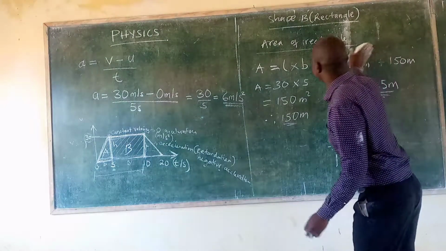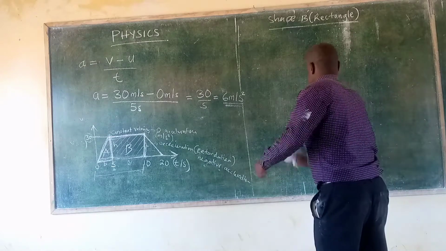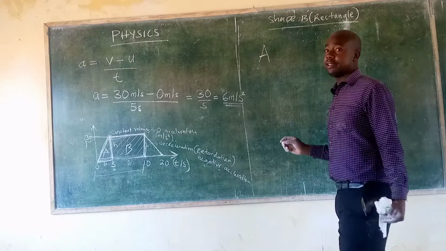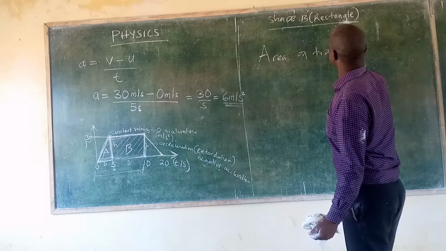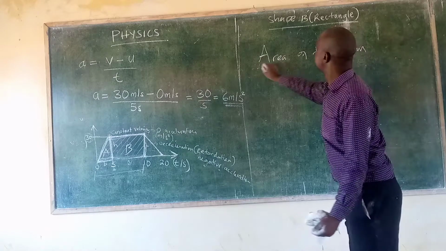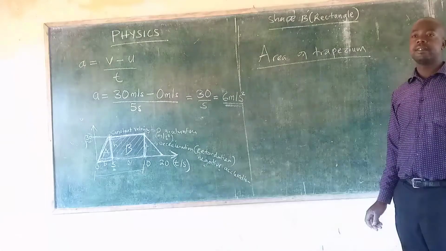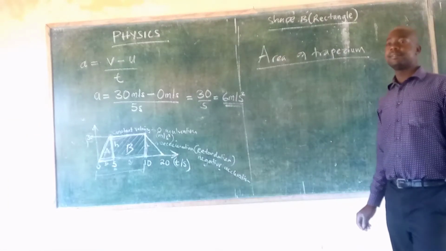Okay. So, look at this area of a trapezium. Queen, what's the formula for the area of a trapezium? Area is equal to h over 2 of (a plus b).